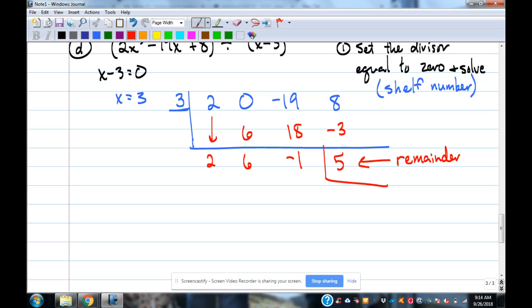So this will be 2x squared. This will be 6x minus 1. We have 2x squared plus 6x minus 1 plus 5 over x minus 3.